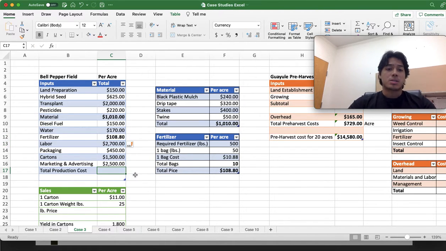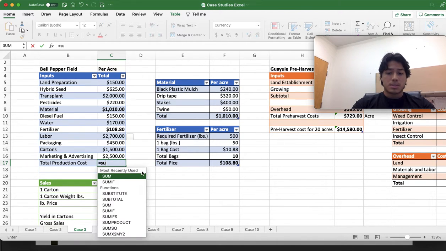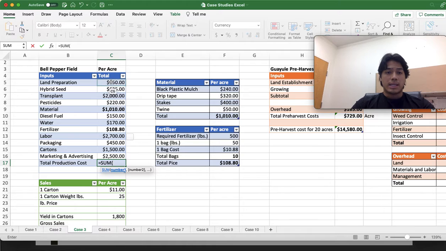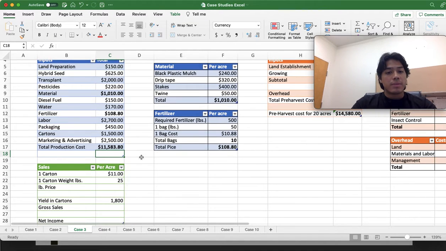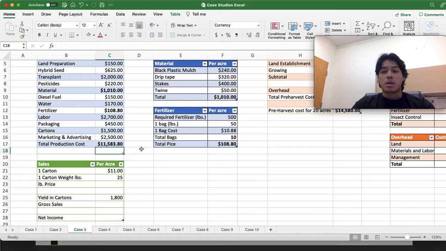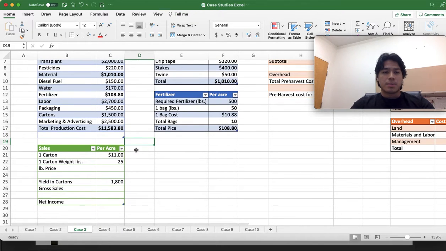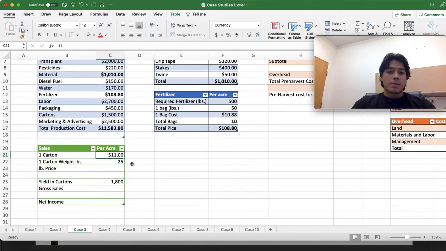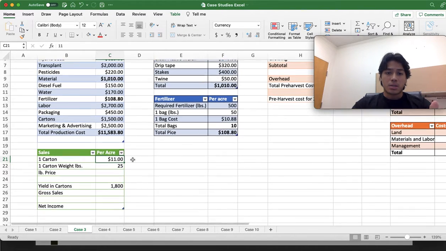Now the total production cost, same thing, sum. Select the range, and there you go. The total cost is going to be almost $11,600. But now here's where it's a bit complicated, because we need to find the revenue of the bell pepper production.